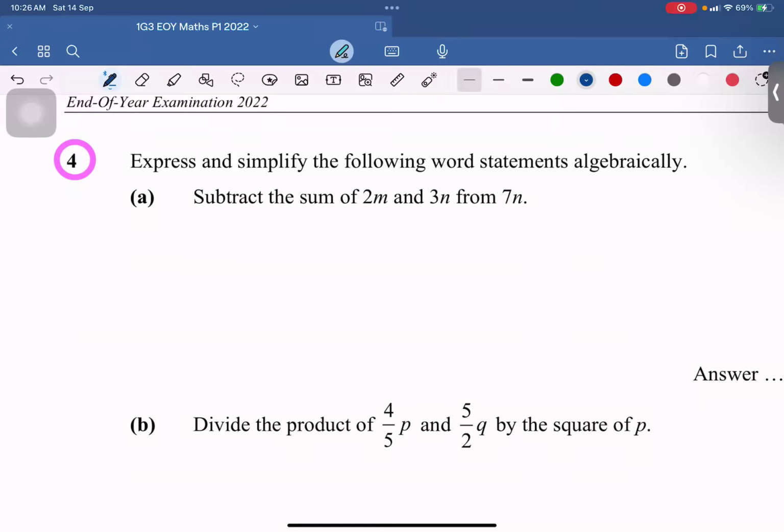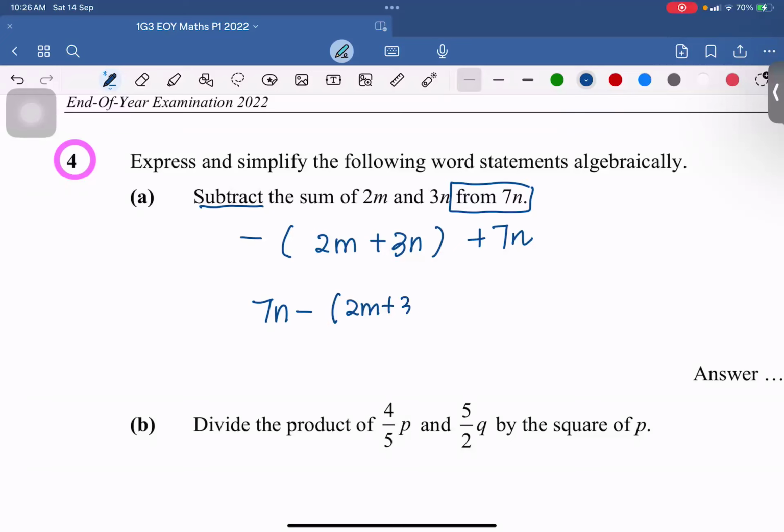All right. So subtract means minus the sum of 2n plus 3n from 7n. You can either write it this way, or when they say from 7n, there will be 7n, subtract away the whole of 2n plus 3n.